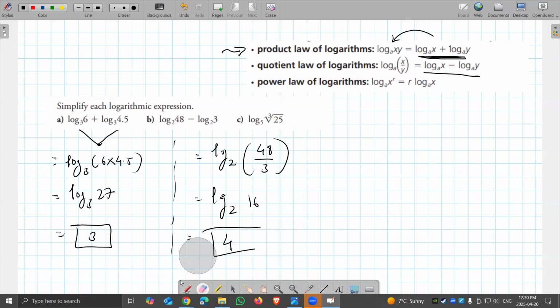Okay, what about C? What do we do with C? Which law would work for C? The power law. Okay, so what does that equal to?